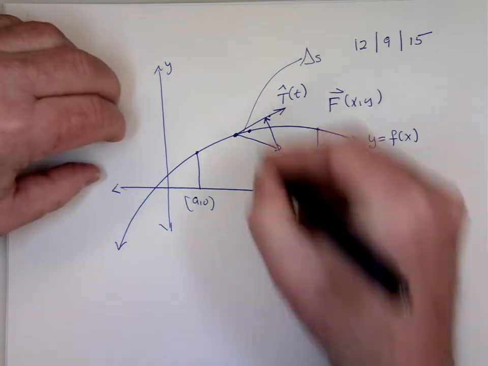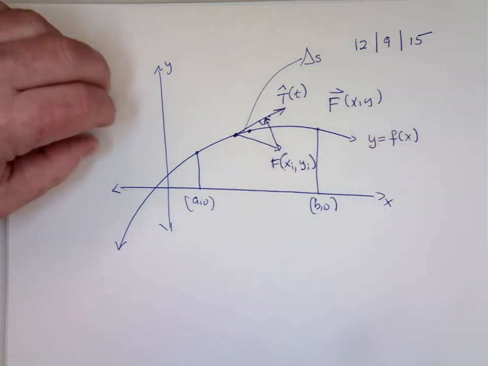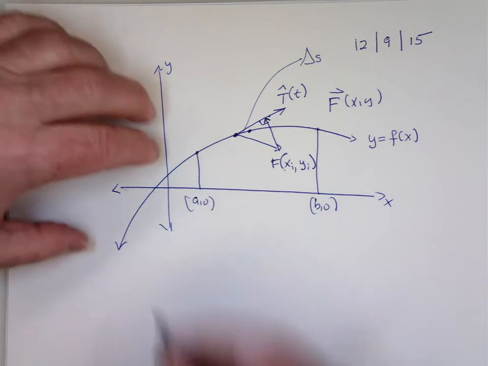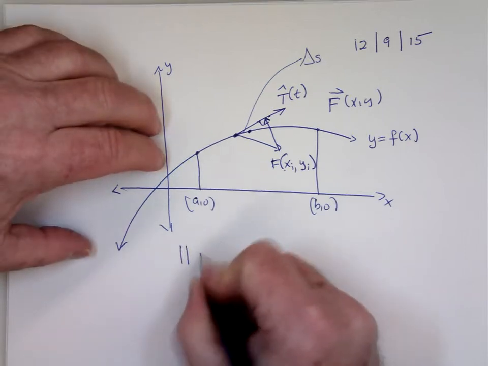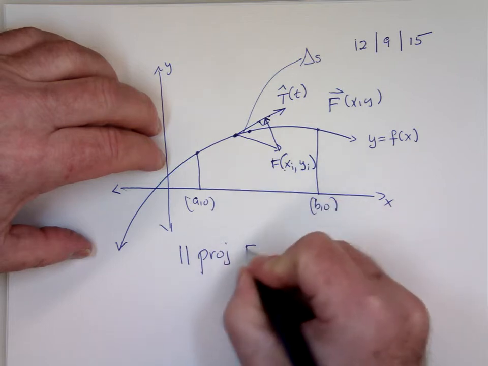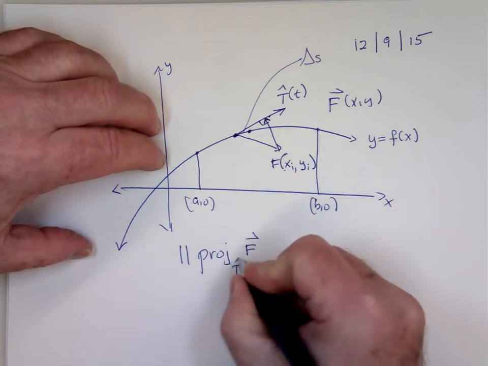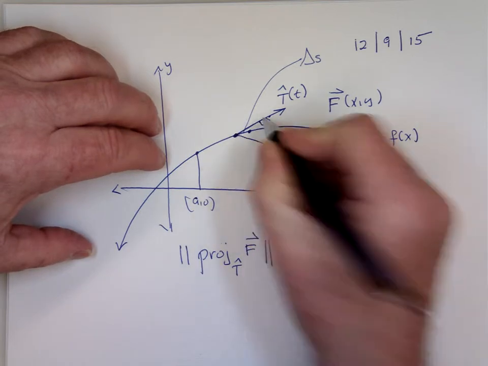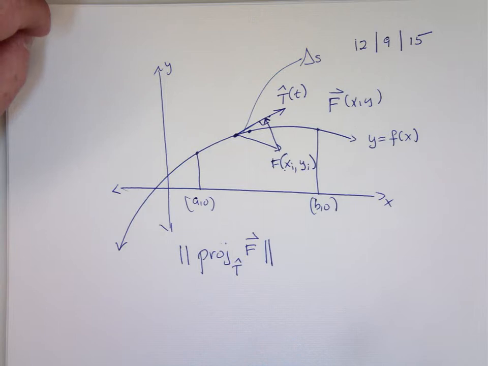So what we're going to do is find out how much of the force is in the direction of motion by finding the magnitude of the projection of this force on our unit tangent vector. How much of the force is in the direction of motion?